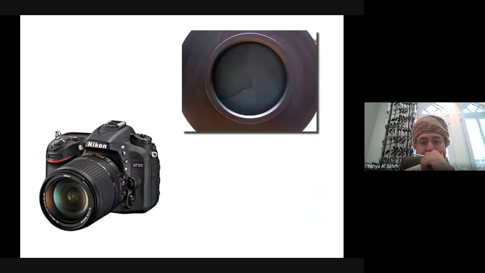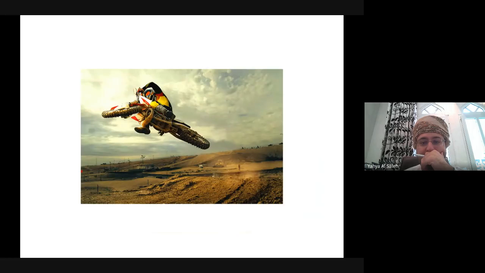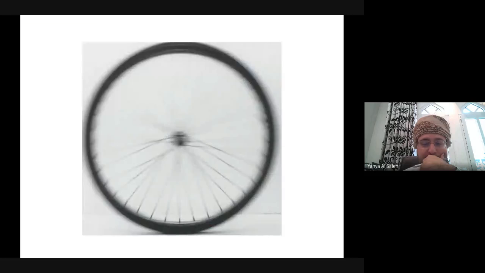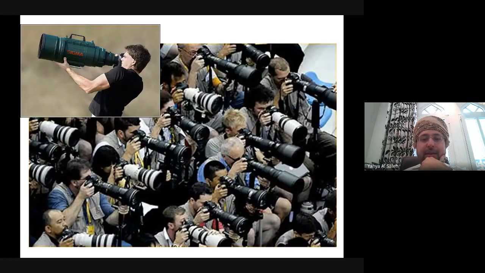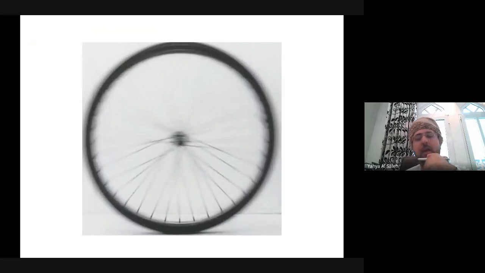You end up with a photo that looks like this when something is moving. And some people use really, really big lenses. And you end up with this. This is a much clearer photo of the effect that happens.